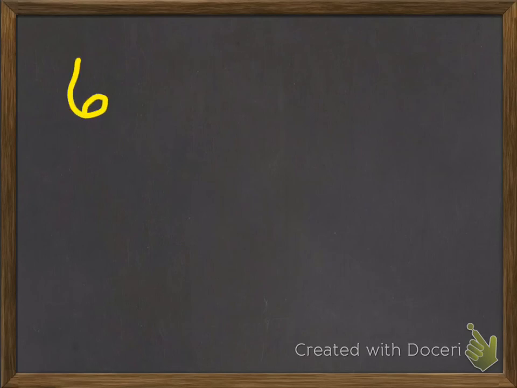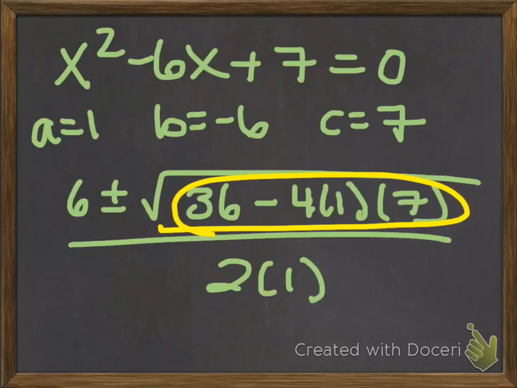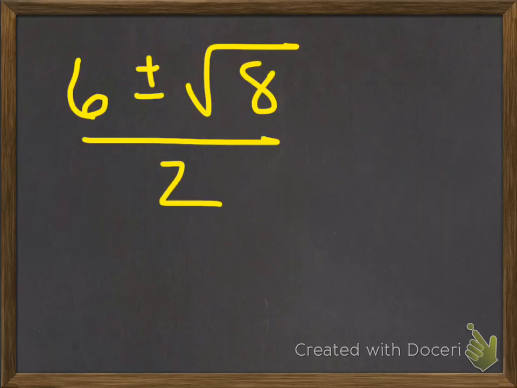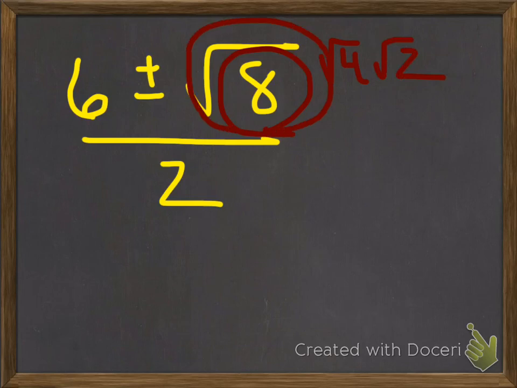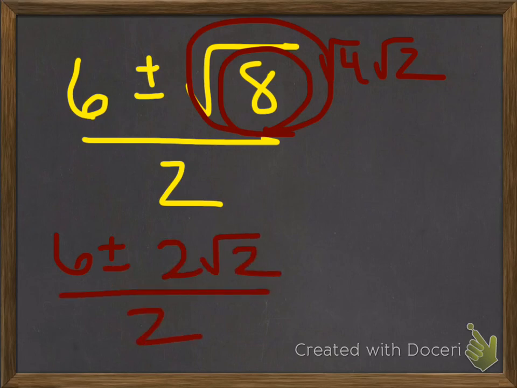So now I have 6 plus or minus the square root of 8 all over 2. I know that simplifying the square root of 8 is the square root of 4 times the square root of 2. So this whole thing here is 6 plus or minus 2 times the square root of 2 all over 2.